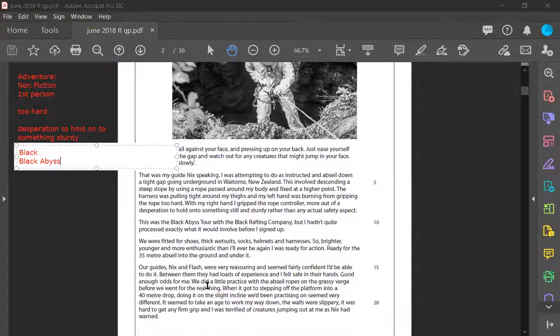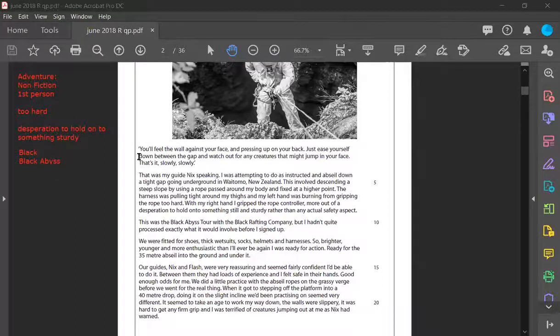Now comes the description of what actually happened. So the writer has been able to build up the tension already with the name of the company, with words like desperation, with the quote that the writer started with. The writer started with Nick, the guide's quote: "You'll feel the wall against your face, pressing up on your back."